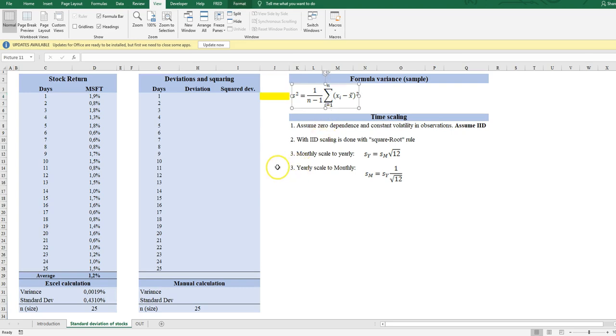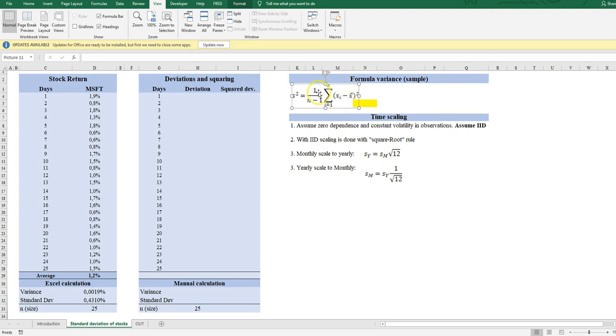We will stick to the sample for today, but please refer to other session on population versus sample variance and standard deviation. Alright, not so much talk, let's look at the formula.